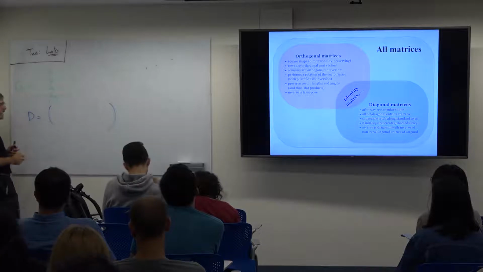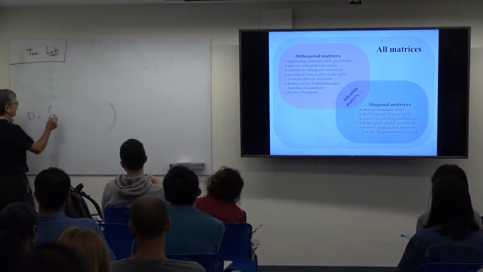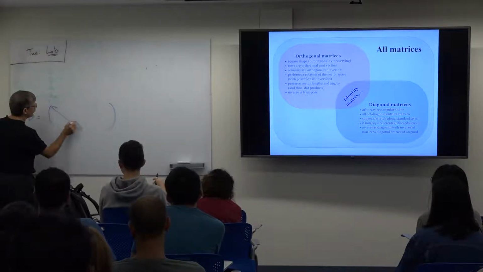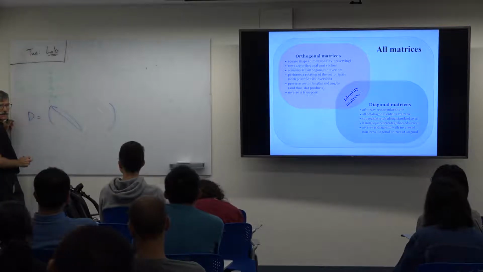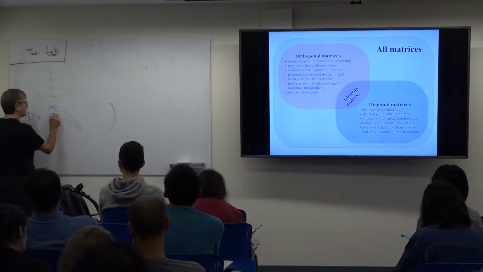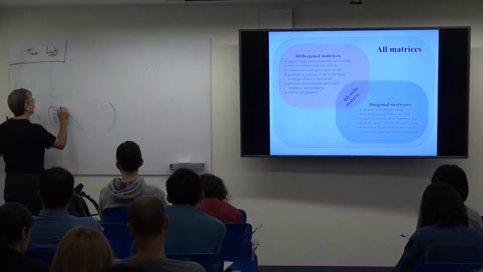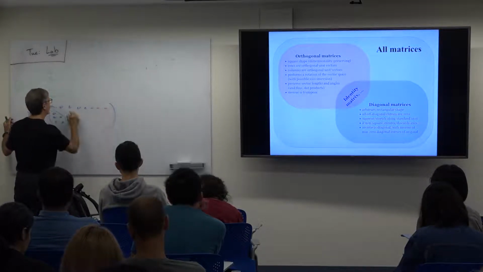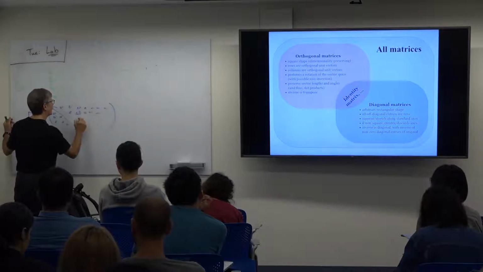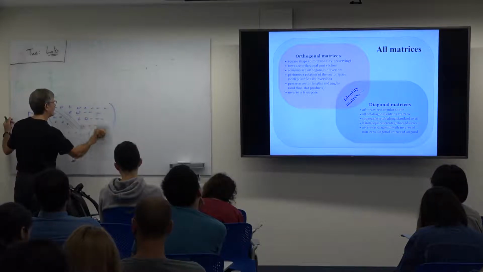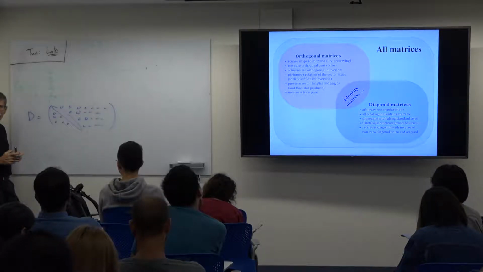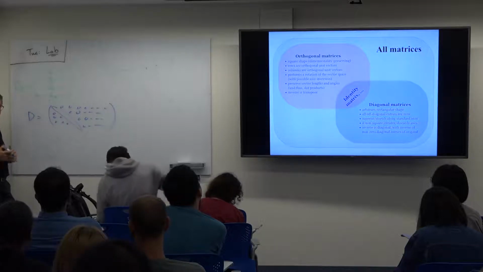I'm just picking one out of a hat. And I'm saying it has stuff on the diagonal and nothing anywhere else. Nothing meaning zeros. So this is a 0, this is a 0, this is 0. These are all zeros. And here, it doesn't have to be non-zero, but it's allowed to be.